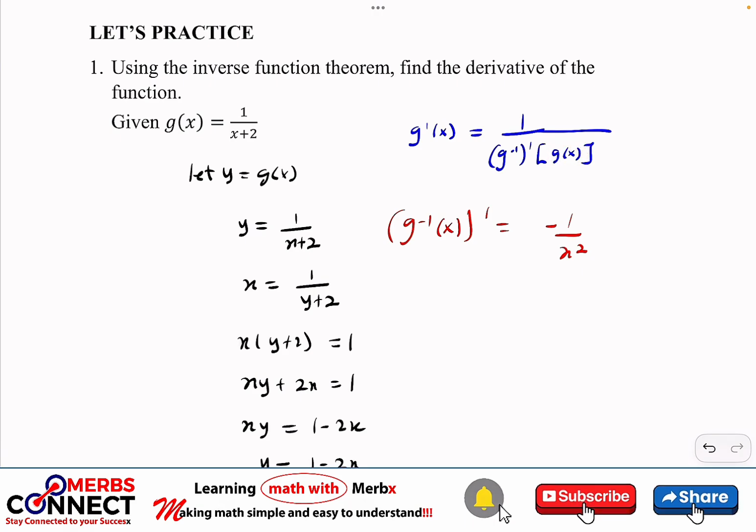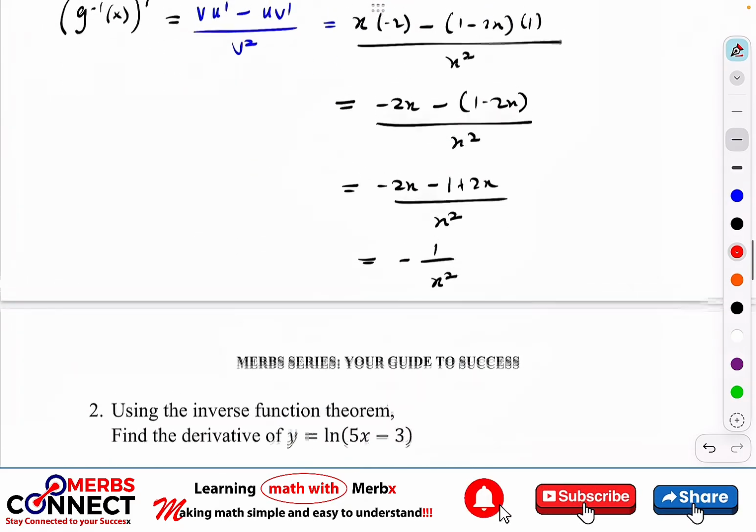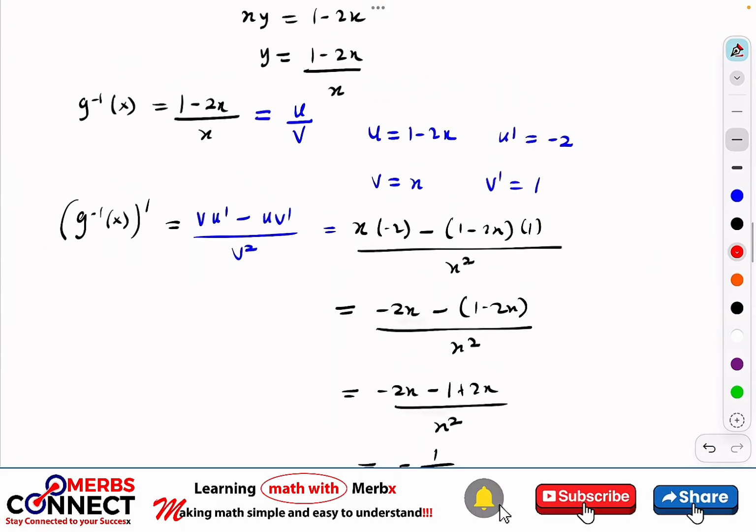So let me write this one this way so that you see how the function is going. So this is g inverse prime of x.